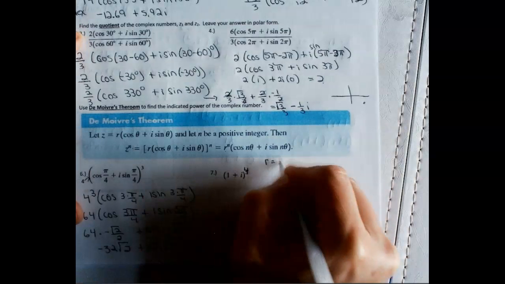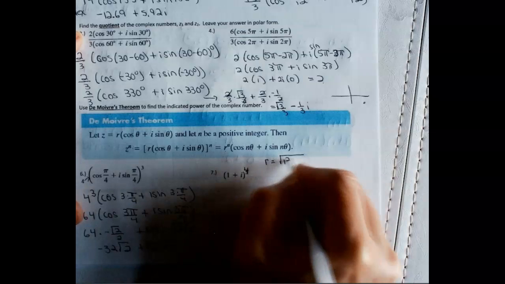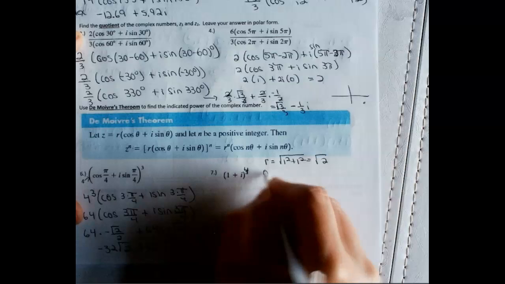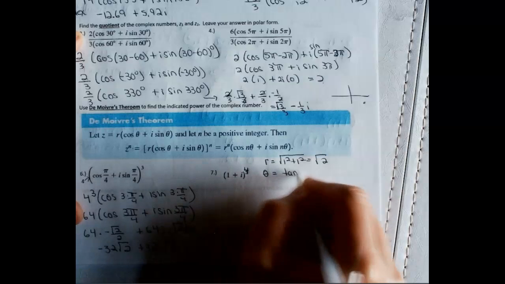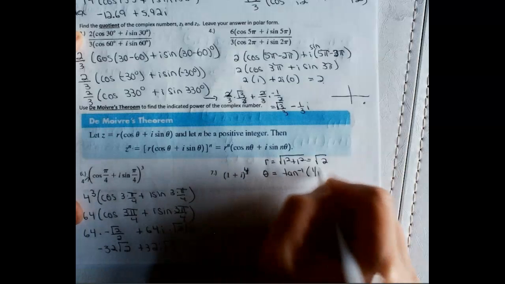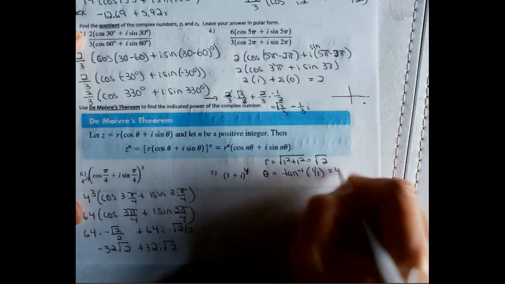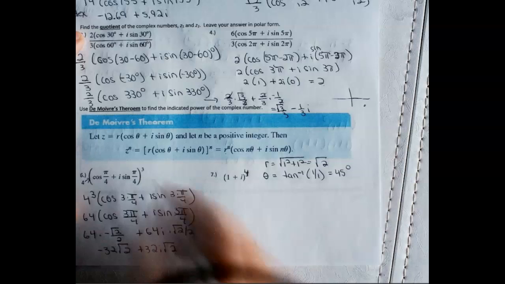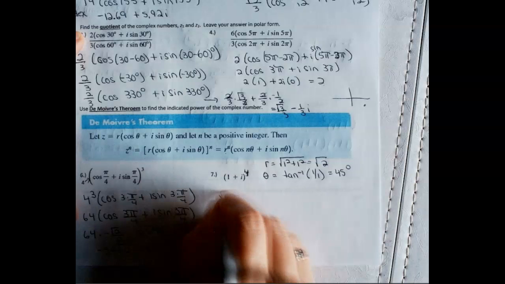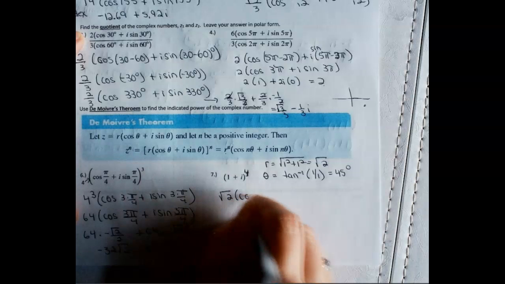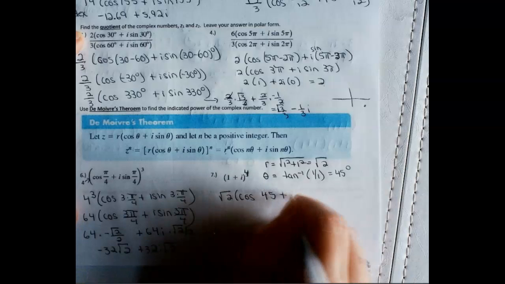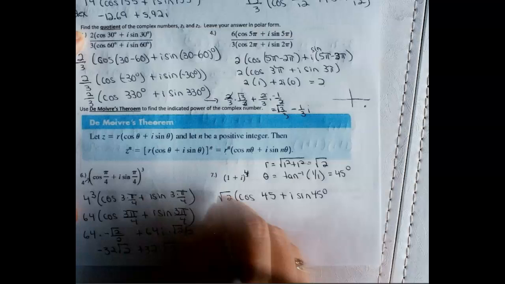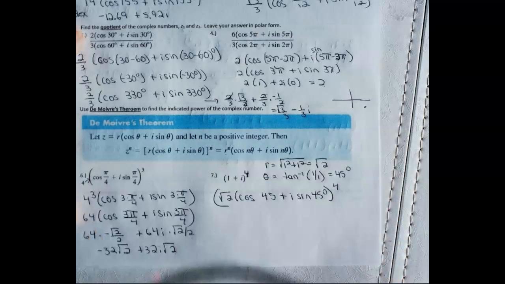Our magnitude, or r, would be the square root of 1 squared plus 1 squared, which is radical 2. Theta would end up being inverse tan of 1 divided by 1, which is 1, which happens at 45 degrees. So I'm quickly flipping this to the polar form. We've got radical 2 times cosine 45 degrees plus i sine 45 degrees, and we are raising it to the 4th power.